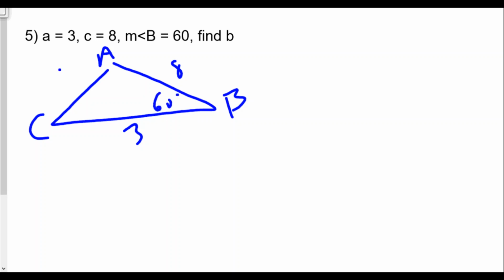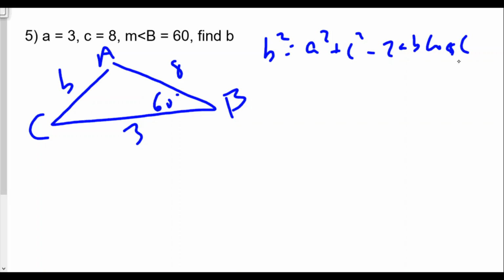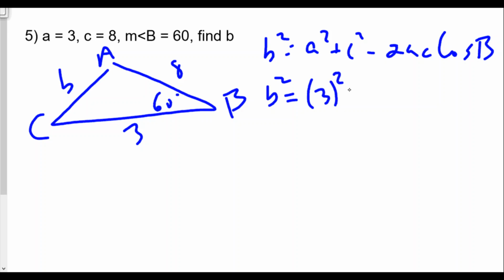So if we want to find the measure of B, we can do B squared is equal to A squared plus C squared minus 2AC cosine of B. Oops, I said cosine of C at first, but it's cosine of B. And so now we can write B squared is equal to 3 squared plus 8 squared minus 2 times 3 times 8 cosine of 60 degrees.